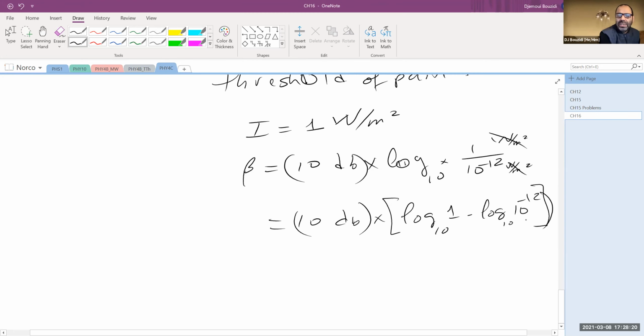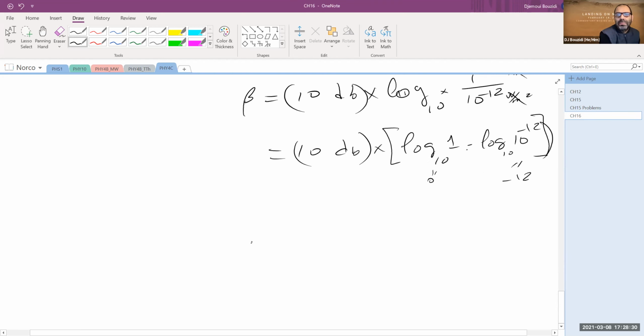The advantage of writing it this way is, first of all, this is 0, and this is negative 12. Don't forget you have a negative times a negative, so it brings it to a positive number. So beta is positive 12 times 10, which is exactly the unit I was referring to, 120 decibels, okay?